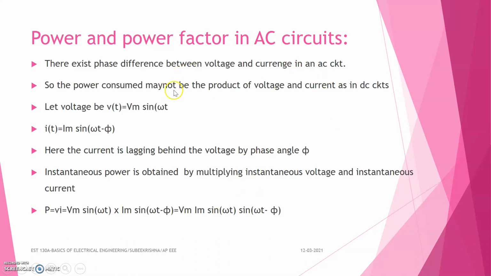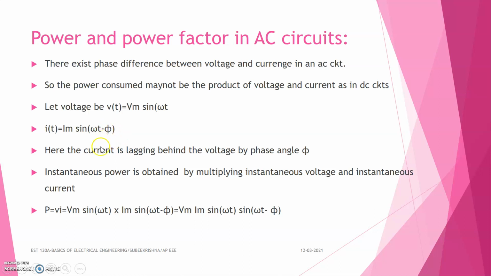current. We know the instantaneous value of voltage in an AC circuit is v(t) = Vm sin ωt, and the instantaneous value of current is i(t) = Im sin(ωt − φ).